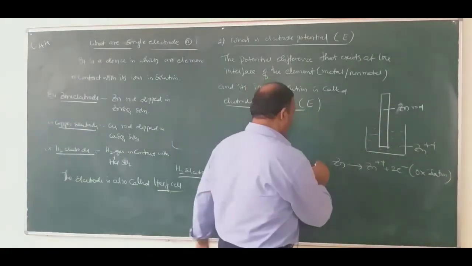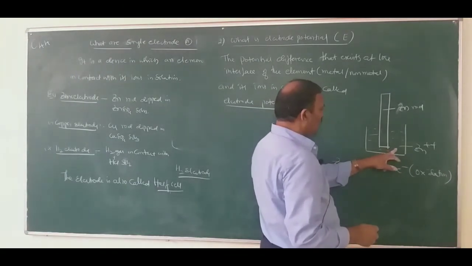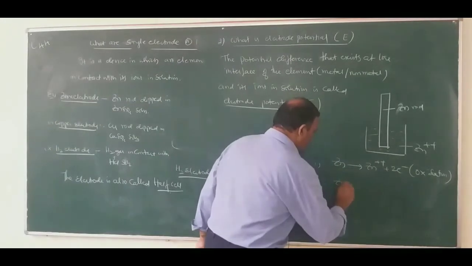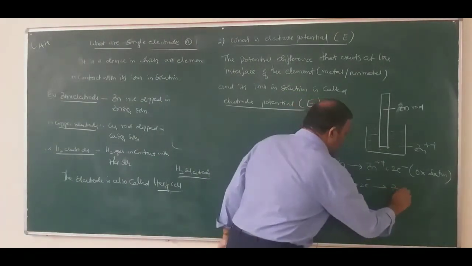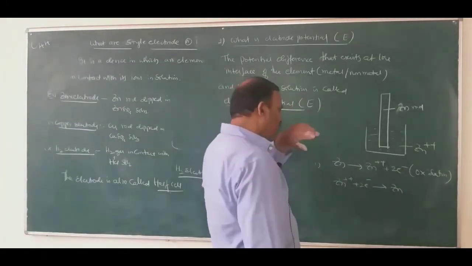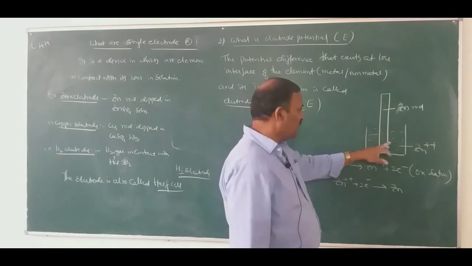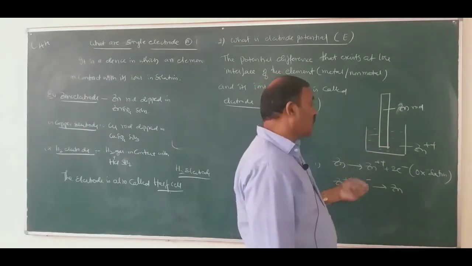On the other hand, the metal ions in the solution have a tendency to undergo reduction. That is Zn2+ + 2e- gives Zn. So when a metal is dipped in the solution of its ions, two things are possible.